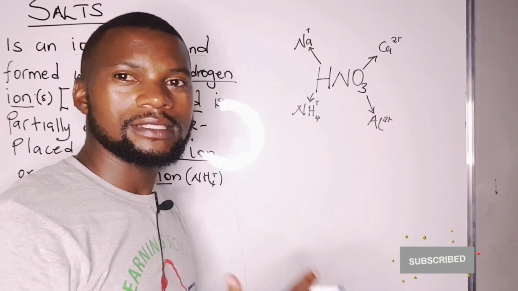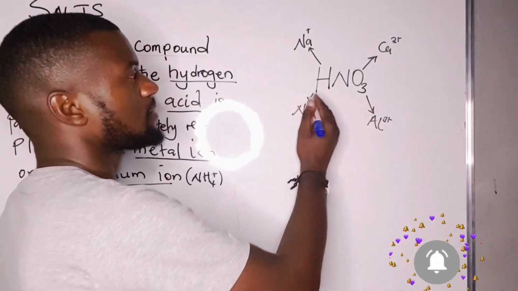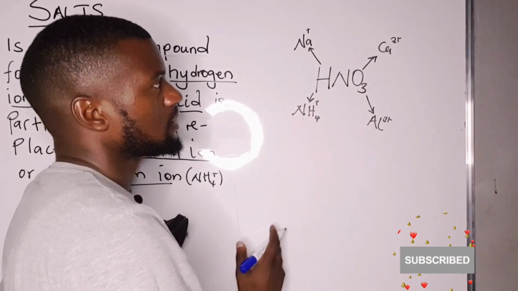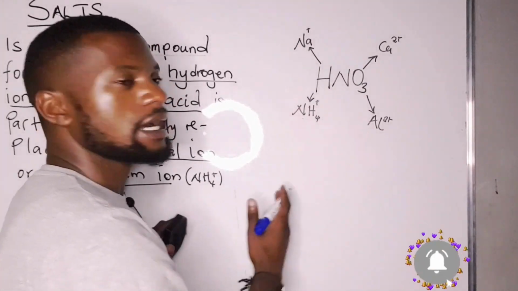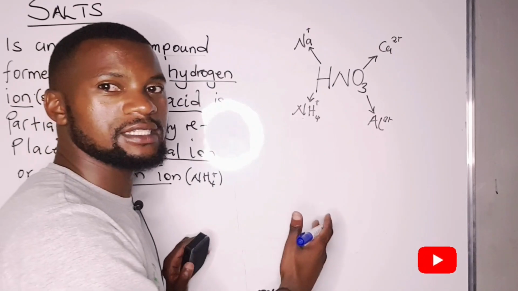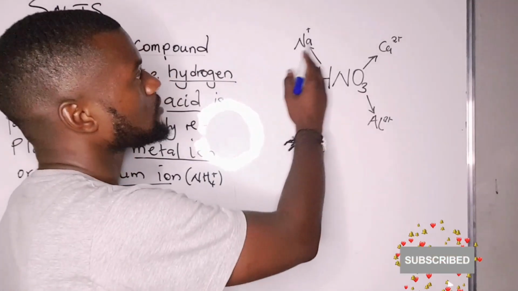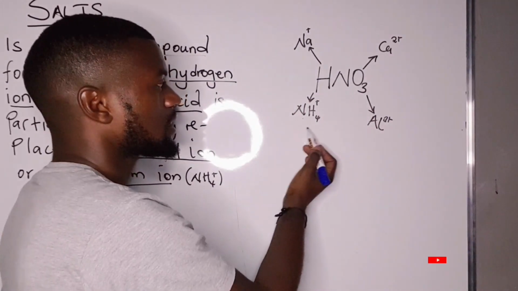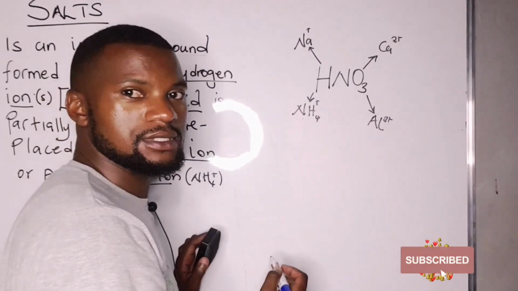So let's look at this example. We have nitric acid, and this nitric acid is surrounded by the cations, the positively charged ions. So we have the sodium ions, calcium ions, aluminium ions, and the ammonium ions.